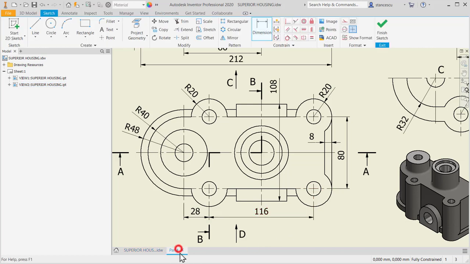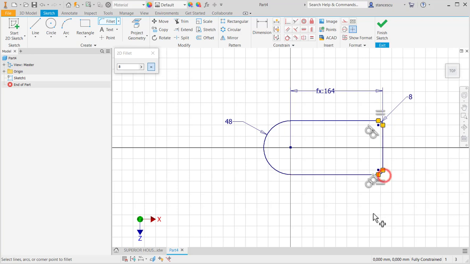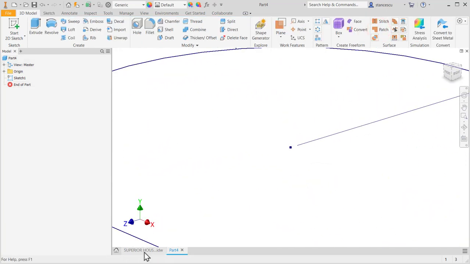Okay? This means that I apply fillet of 8 to both corners of the contour. Finish sketch.